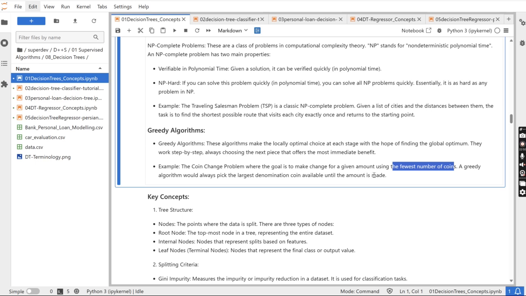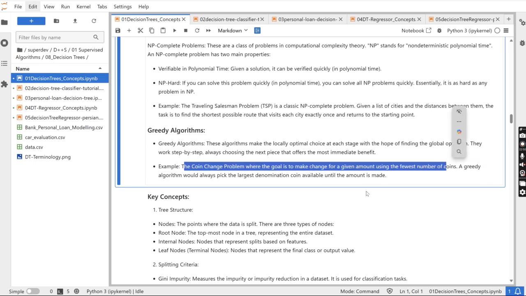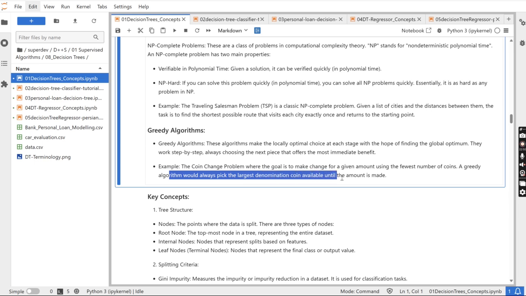That is the maximum coin available with us. Such problems fall under greedy algorithm problems. I've given a simple example. It's very straightforward to tell, but using an algorithm to calculate, we have to arrive at the global optimum. So that falls under greedy algorithms.